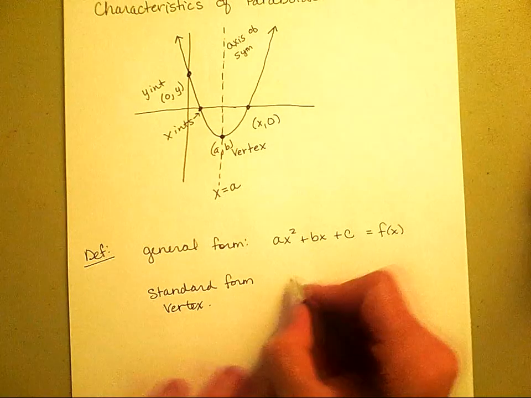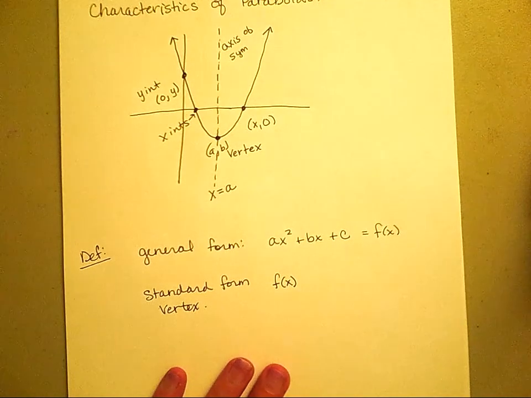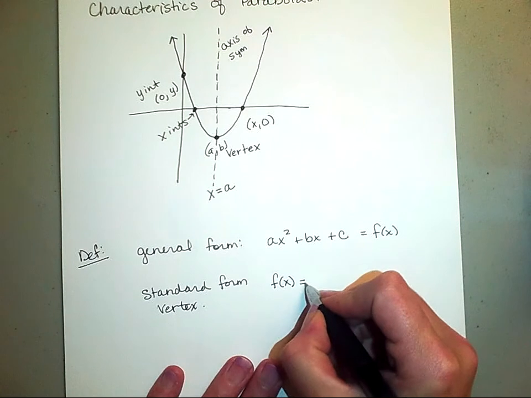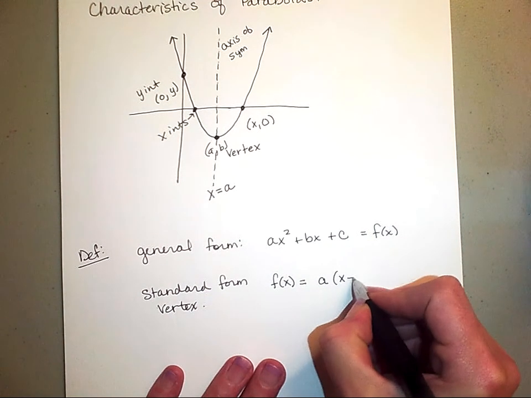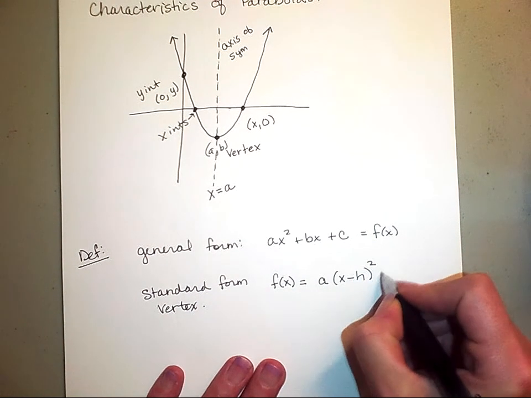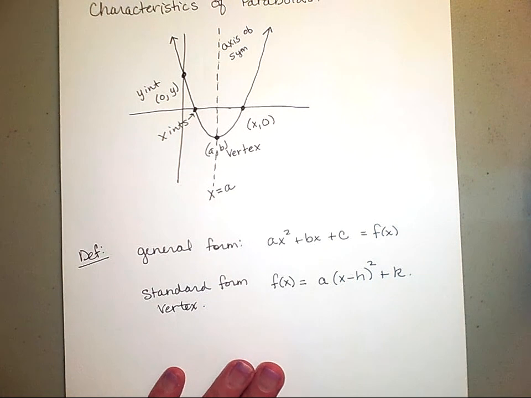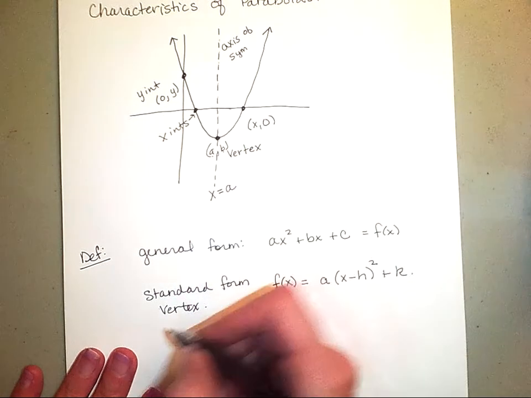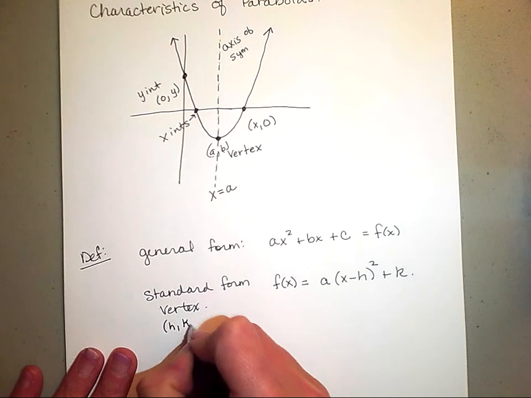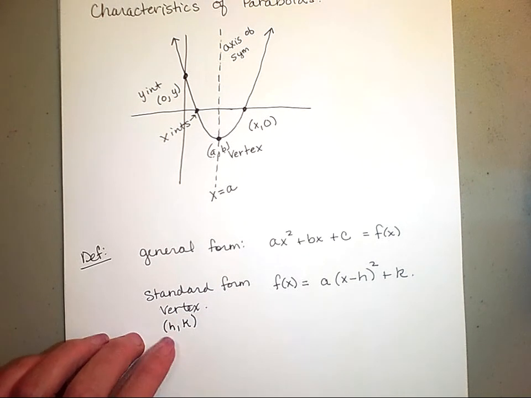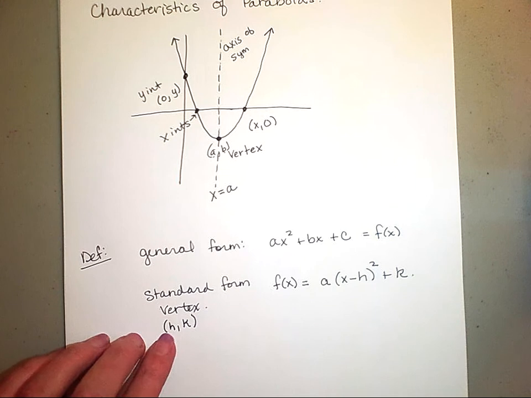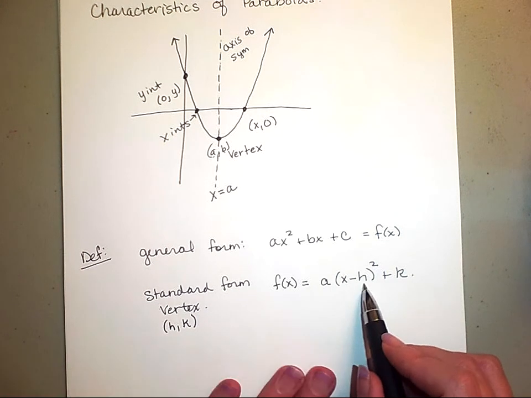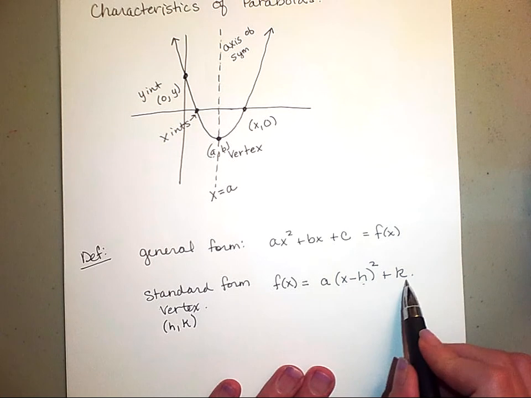That is where you could write the quadratic as f of x is equal to a times x minus h squared plus k. Okay, so I really should have labeled this h and k to stay standard. The vertex usually gets labeled as h comma k. And so why this is the vertex form is when it's written in this form, you can directly read what h is and what k is.